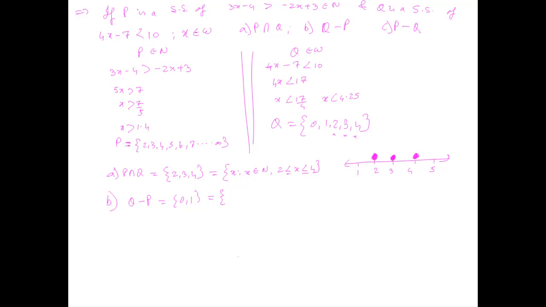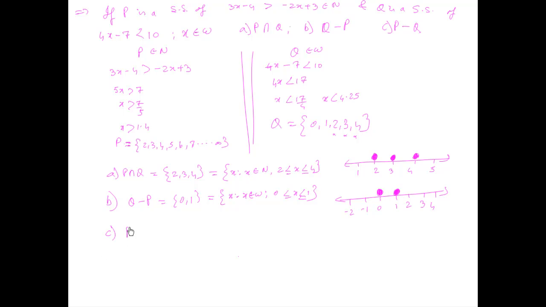Can be written also as x such that x belongs to whole numbers between 0 and 1. So children, for this, the graph would come out to be on the number line. And 1.